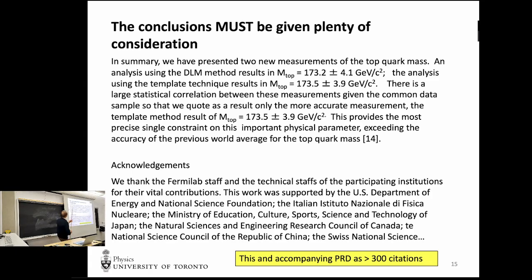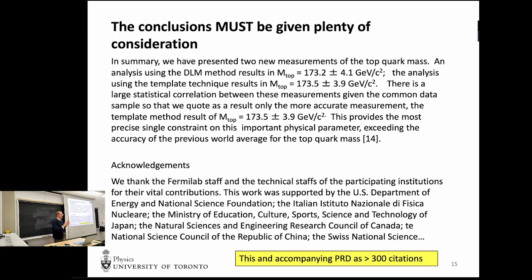So conclusions have to be given a lot of thought as to how you're going to conclude and what you're going to say in the conclusion. Here, again, it basically repeats what was already expounded and presented in the main body. And in this case, there were two measurements of the same quantity using a data sample that was strongly correlated.